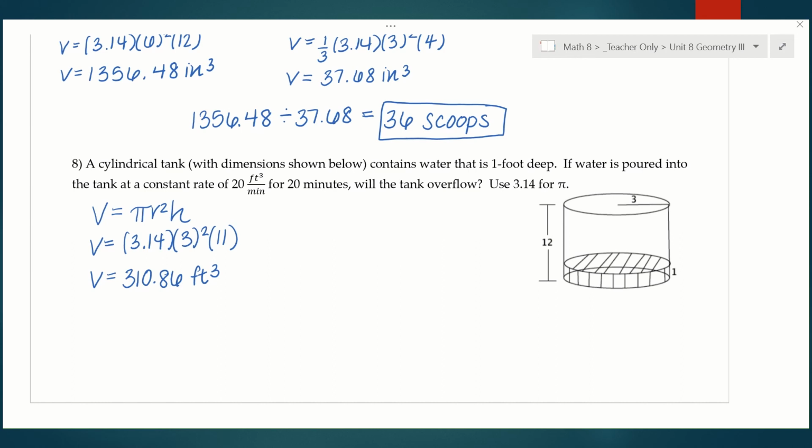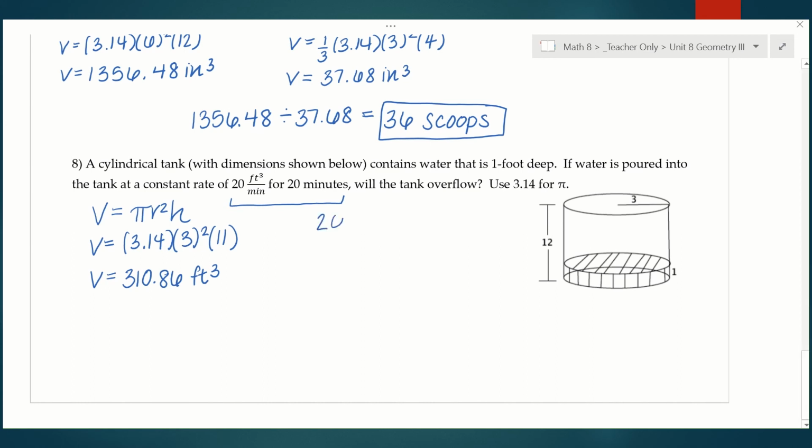Now what I want to figure out is how much water total is going to be in that tank if I fill it at that rate for 20 minutes. I'm thinking in my head, every minute 20 cubic feet is being put into that tank. If I continue to do that for 20 minutes, to figure out how much total is in the tank, I can just multiply.